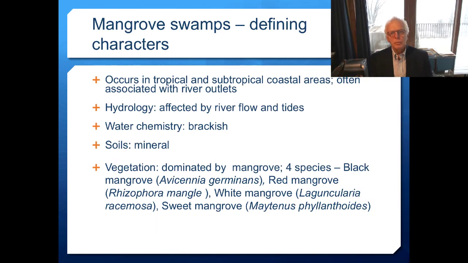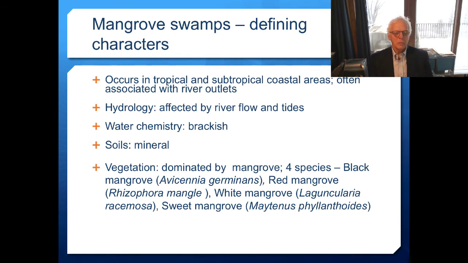So mangrove swamps, they occur in tropical and subtropical coastal areas. They're often, again, associated with river outlets, supplies of nutrients coming into marine systems. They're affected both by river flow and tides. Water chemistry is brackish, varying from highly saline to relatively fresh.